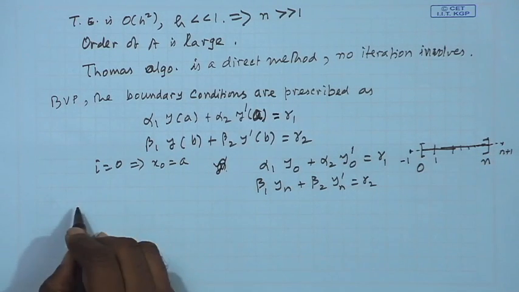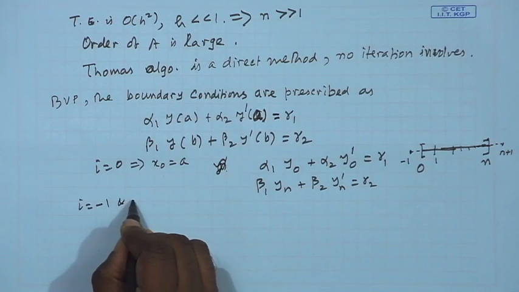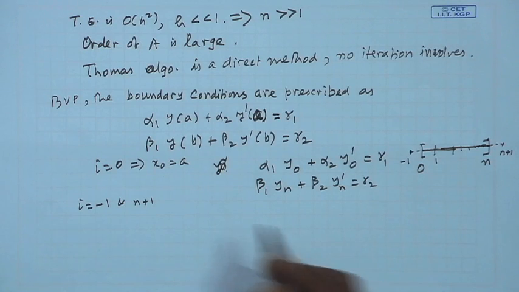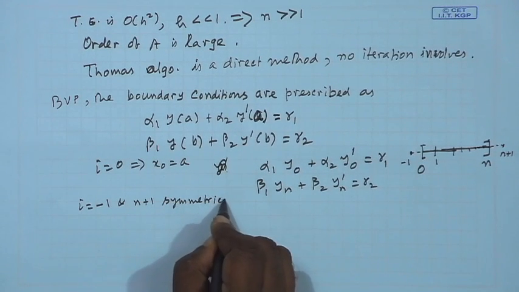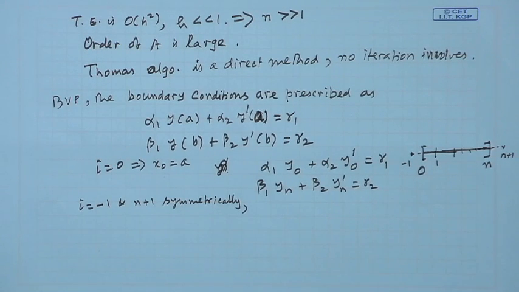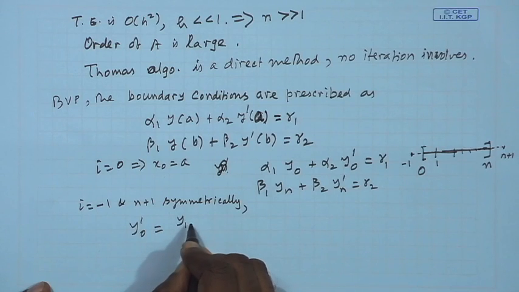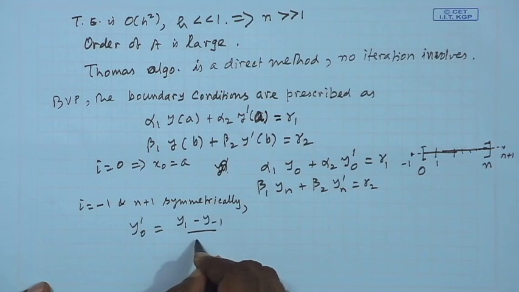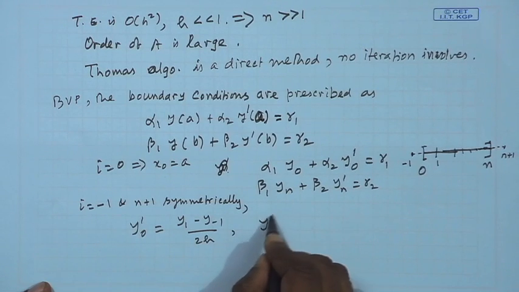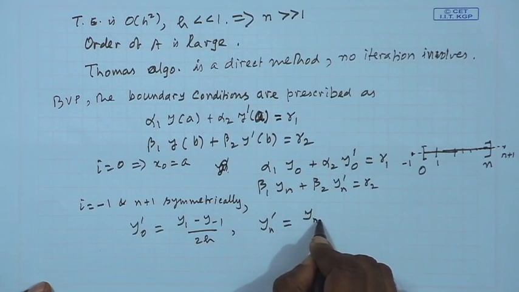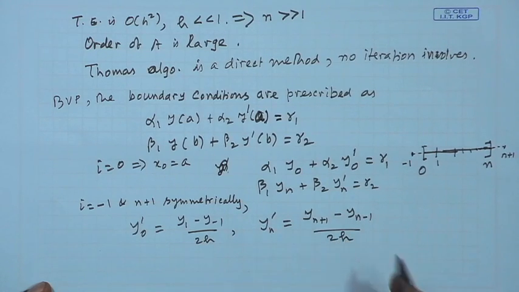So, one remedy is to choose fictitious points, say this is minus 1 and this is n plus 1. If I introduce i equal to minus 1 and n plus 1 symmetrically, in that case I can replace y dash 0 as y 1 minus y minus 1 by 2h, and y n dash equal to y n plus 1 minus y n minus 1 by 2h.